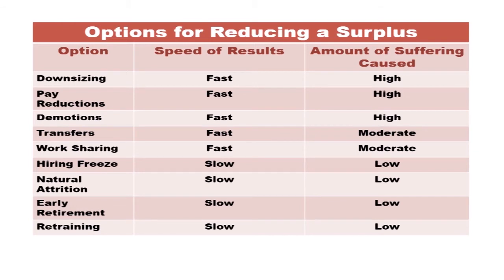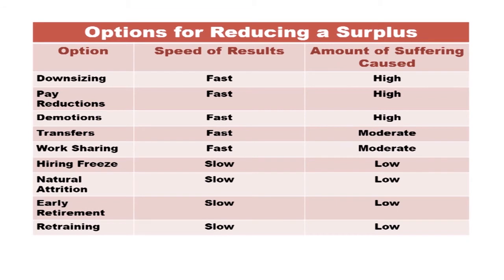The second column shows the speed of the results, and the third column depicts the amount of human suffering caused by the strategies. Well, the options differ widely in their expense, speed, and effectiveness. The options for reducing a labor surplus also cause different amounts of human suffering, that is high, medium, or low.